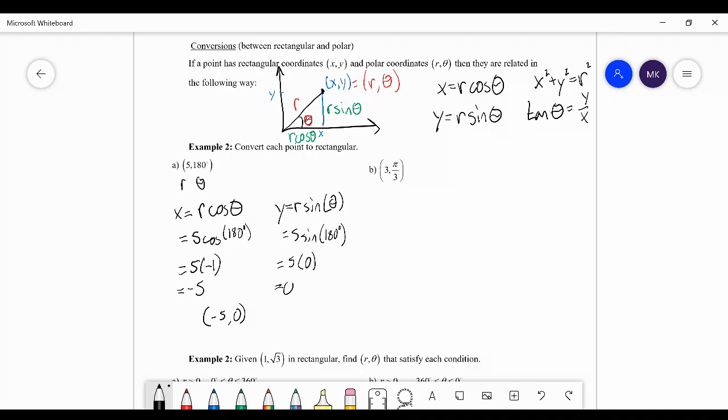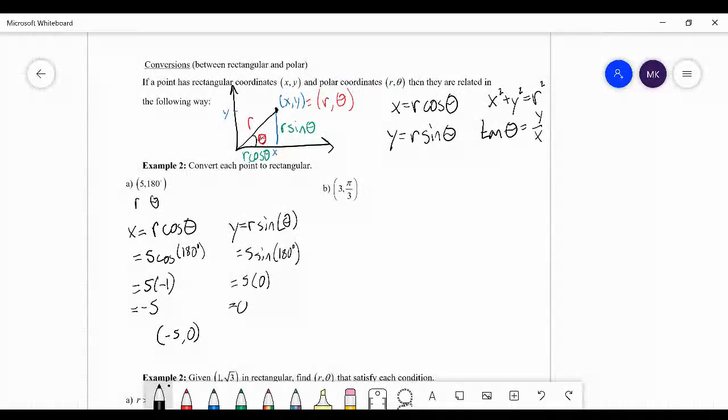It's actually 3 comma pi over 3. Okay, so again, we're just going to do the exact same thing. So x is r cosine theta, which is 3 cosine pi over 3. Cosine of pi over 3 is 1/2, so this is 3/2.